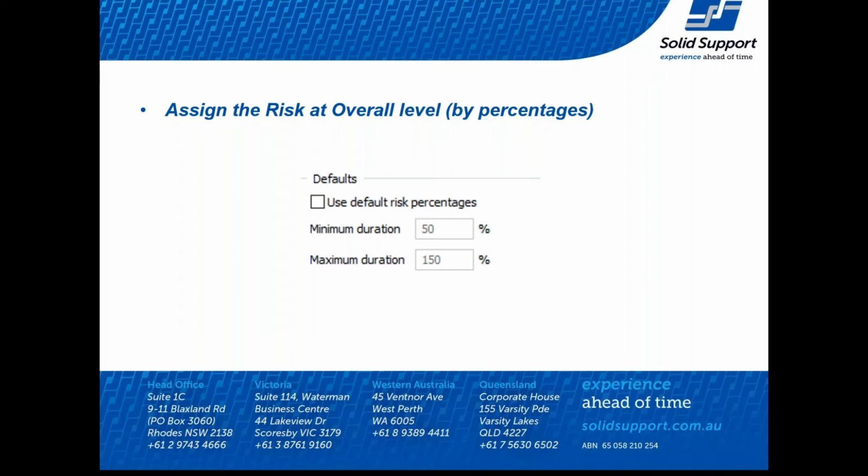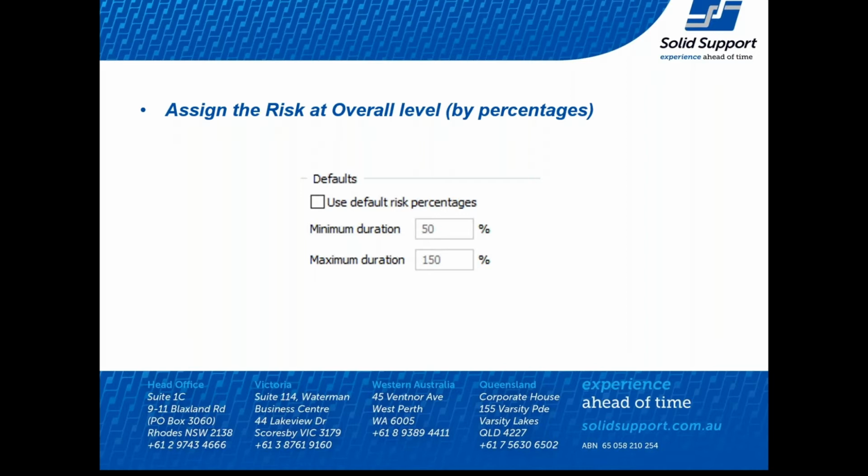Now, what does this mean? Obviously, if you assign at detailed level, you're going to get a much more accurate result, because it's going to assess each task based on the minimum and maximum duration you've assigned. But it also means that you could bring a project into here and just assign the high level default value risks across a project and run a risk analysis to see how your finish date actually works.